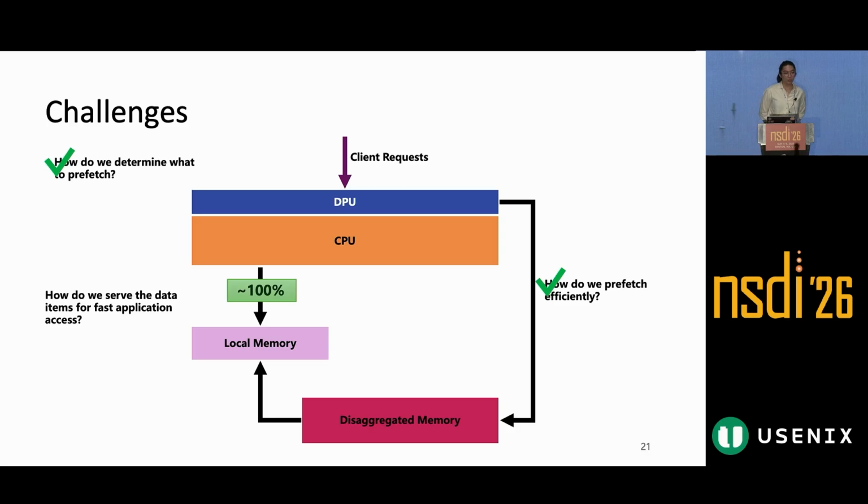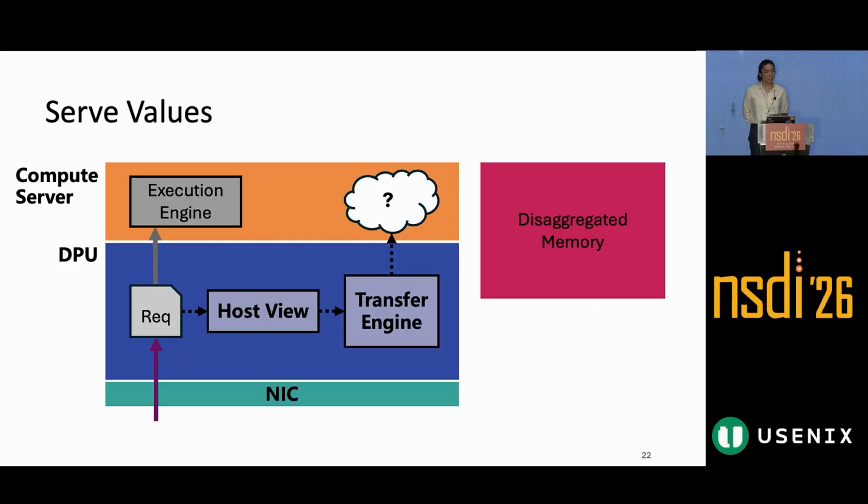So we have now managed to efficiently prefetch data items from disaggregated memory into local memory. Finally, we actually need to serve these to the execution engine. And this is the responsibility of our loading zone. This is a highly concurrent buffer which quickly serves data items to the application.